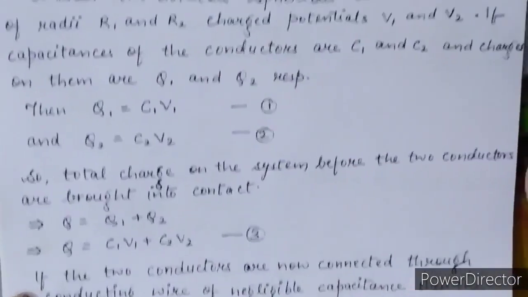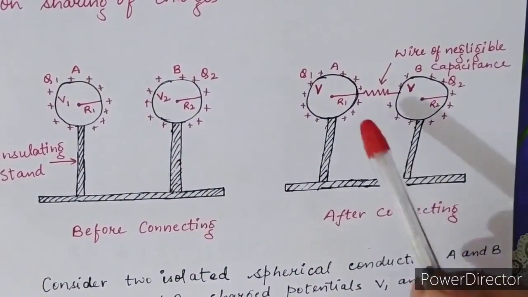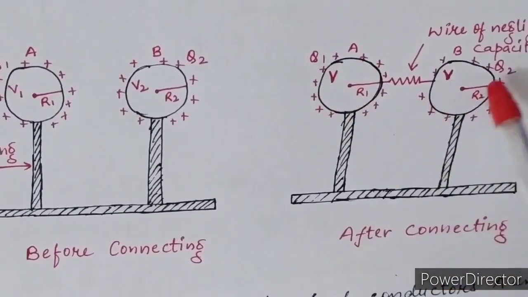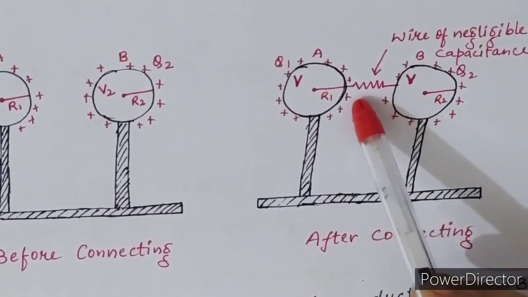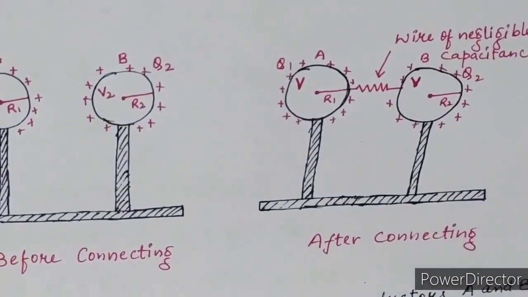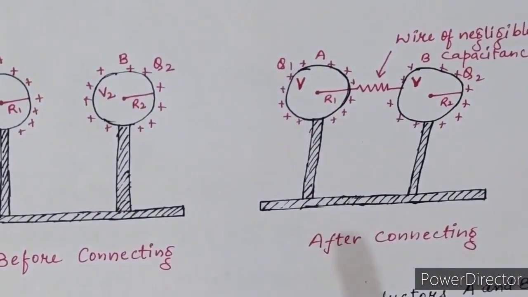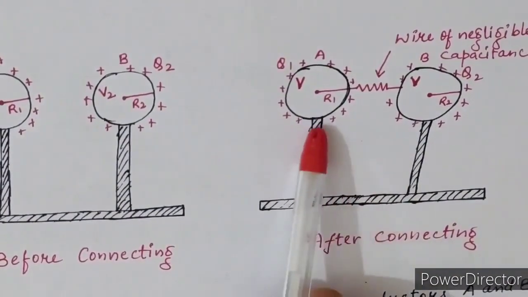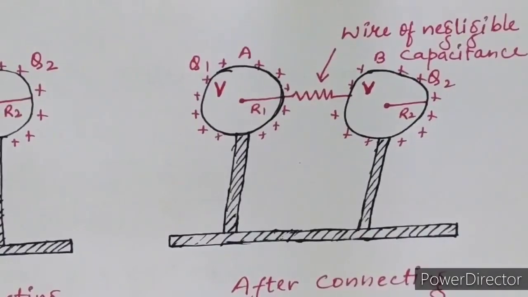Now again focusing on the diagram, on the same spherical conductors we connect a conducting wire of negligible capacitance. After connecting it, the potential is distributed from high to low until the isolated spherical conductors acquire the same common potential.